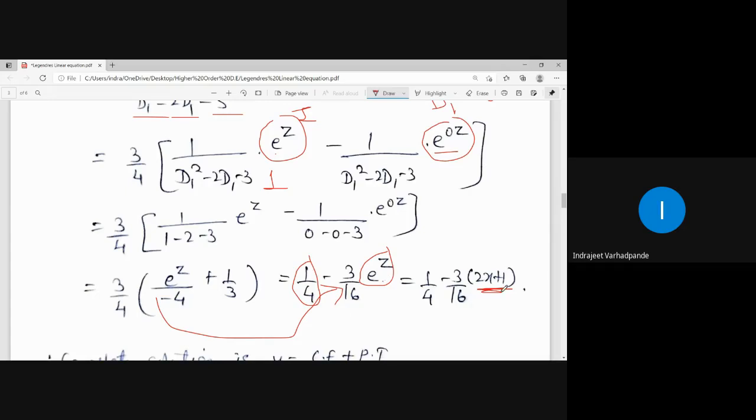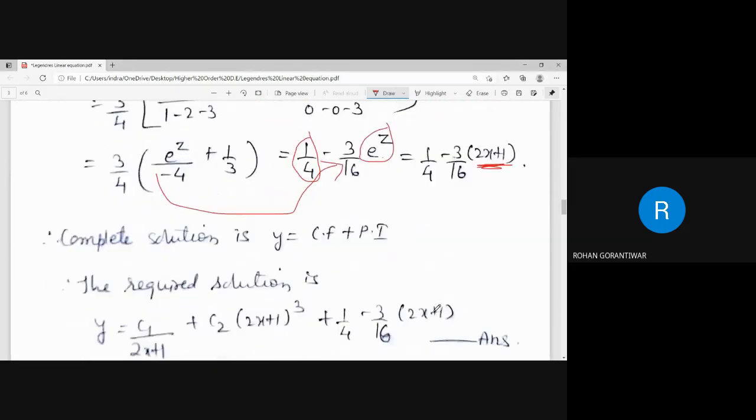And e to the power z is 2x plus 1. So 1 by 4 minus 3 by 16 into 2x plus 1. Is that clear?